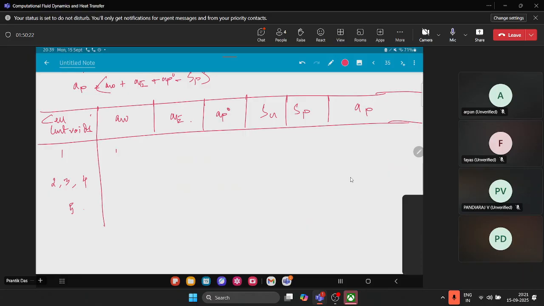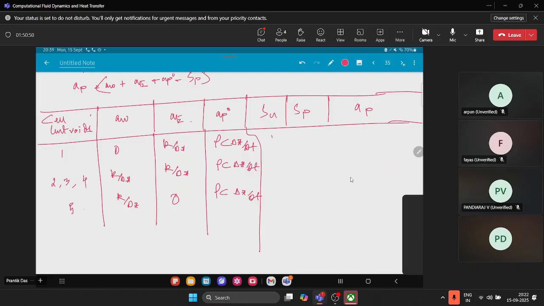This is 0, this is k by delta x, this is k by delta x, k by delta x, then this is rho C delta x by delta t, 0, 0, 2k Tb by delta x, 0, 0, 2k by delta x.